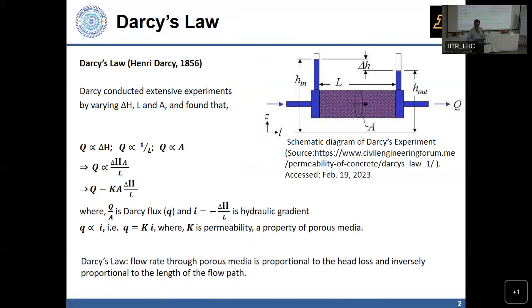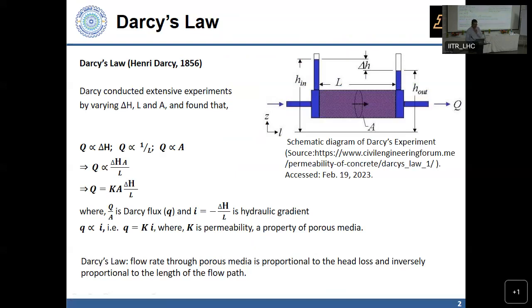What he observed was, in a given porous media which has a certain cross-section area, the entire bulk cross-section area being capital A, he measured the flow rates and also the piezometric heads at the two ends. He found that the flow rate is proportional to the difference in the piezometric heads, inversely proportional to the length, and directly proportional to the total area of cross section.